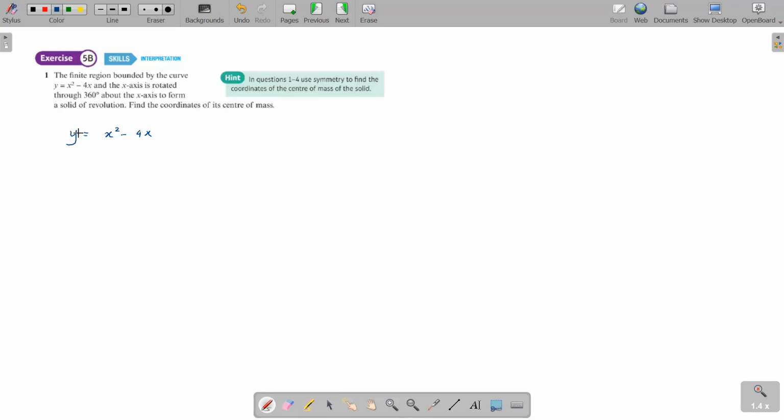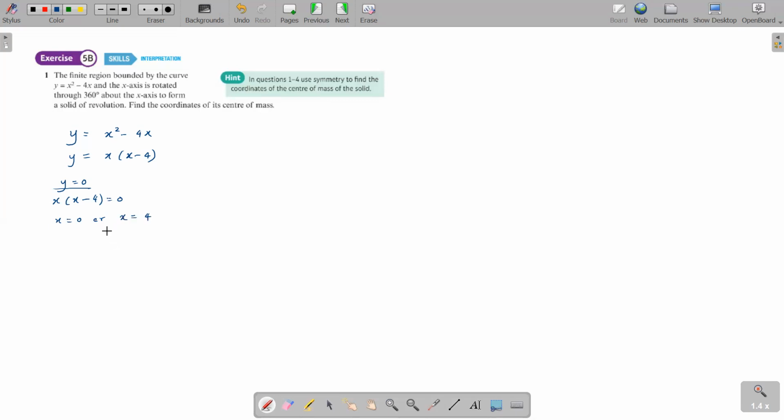It's a quadratic, a plus x squared is a minimum graph, right, guys? So you can take an x out and you get x times x minus 4. When y is 0, or when you cut the x-axis, you get x minus 4 is 0, and you get x is 0 or x is 4.